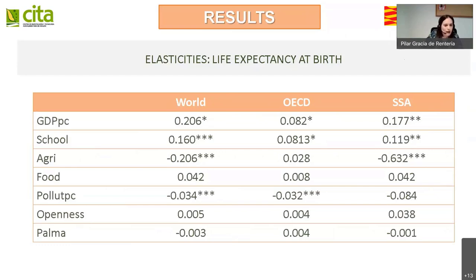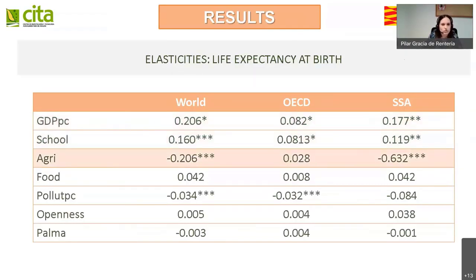So as expected, income level and education positively influence life expectancy, and specifically a 1% increase in GDP per capita and in mean years of schooling leads to an increase in life expectancy of 0.21% and 0.16% respectively. And results by region show a greater impact of these variables in sub-Saharan countries than in OECD ones.